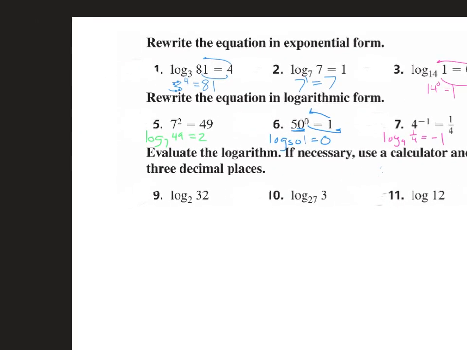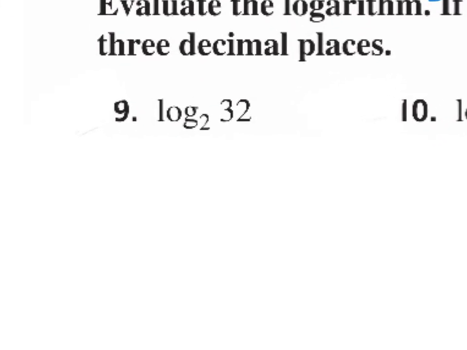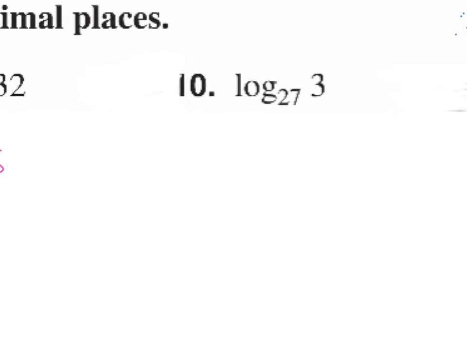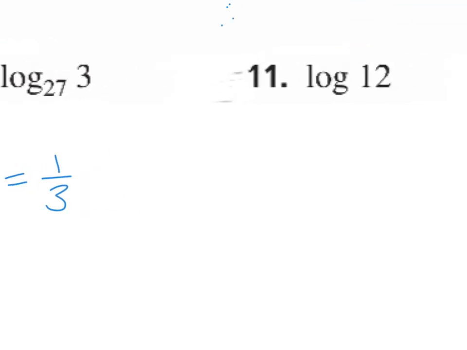Perfect. Who's next? Haley. What's number 9? 5. Perfect. X is equal to 5. Bella, what'd you get for number 10? X is equal to 1/3.